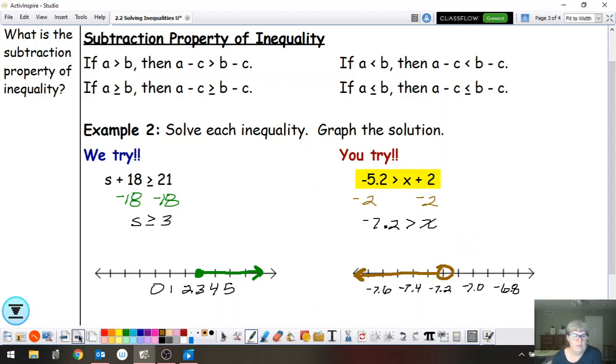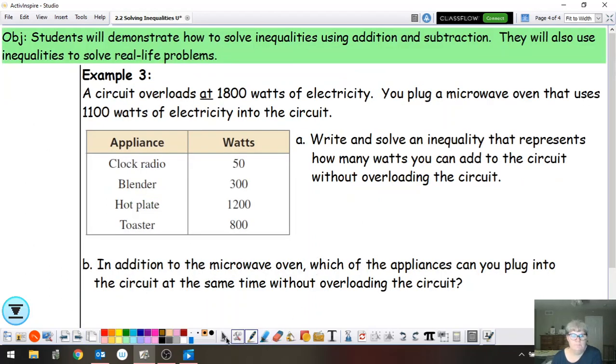The last thing we're going to look at is a word problem. Because yes, we do have word problems with inequalities. A circuit overloads at 1800 watts of electricity. That's some very important information there. At 1800 watts of electricity, you plug a microwave oven that uses 1100 watts of electricity into the circuit.